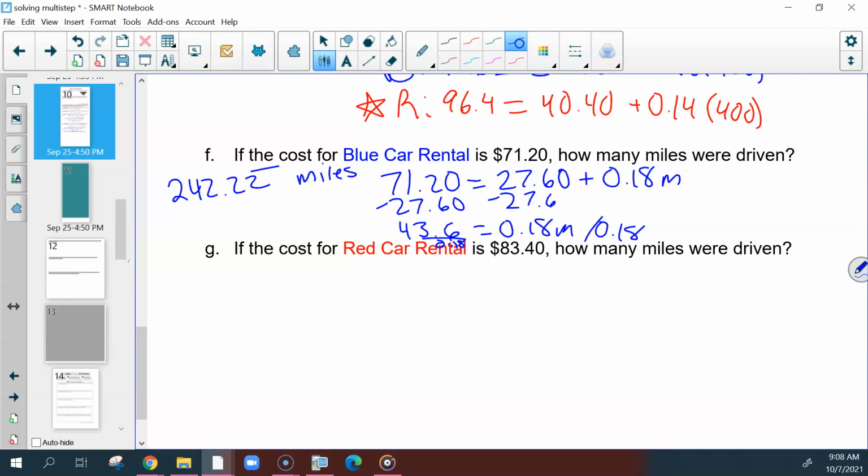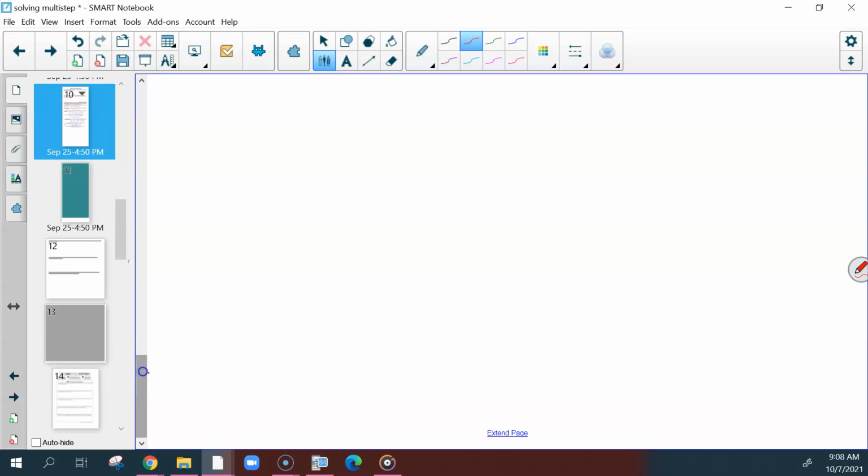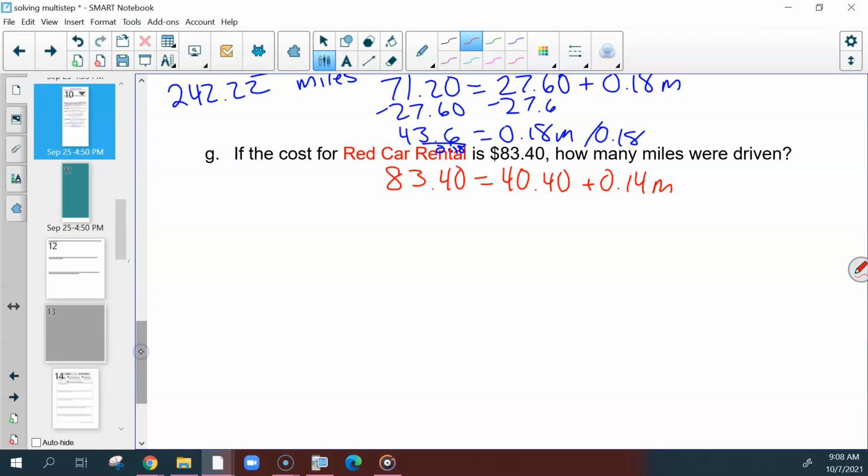We're going to do the same thing for the red car. But now this costs $83.40. And then divide both sides by 0.14.